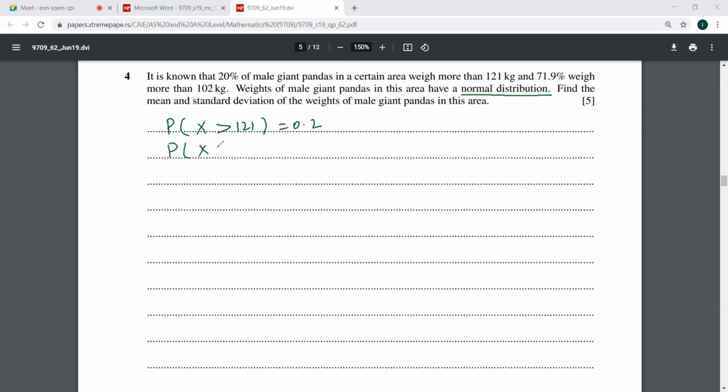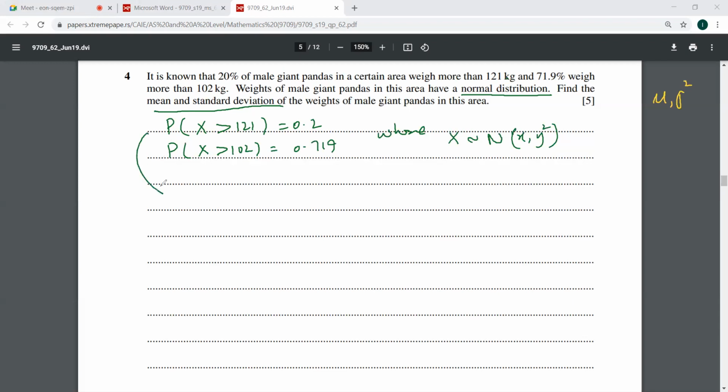So probability X is more than 102 is going to be 0.719, where I had to mention that in the beginning, but I'm just going to justify this. X is normally distributed, it says find the mean and the standard deviation. So let's keep easier variables here rather than using mu and variance notations, which are very annoying. So I'll be using x, y squared.